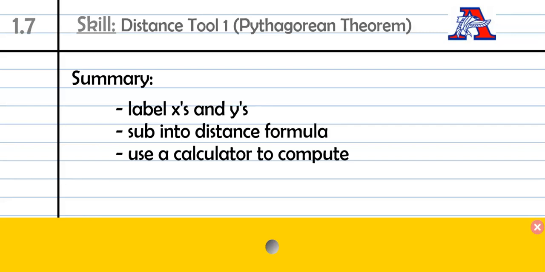And then use a calculator to compute. There's no need to do things step by step unless you really want to. It's a skill where you have to use a calculator anyway. So in my opinion, you might as well let the calculator do the work for you. Just write it down on your paper, punch the whole thing into your calculator, and let it do the computation for you. All right, go ahead with the practice for 1.7. Good luck.